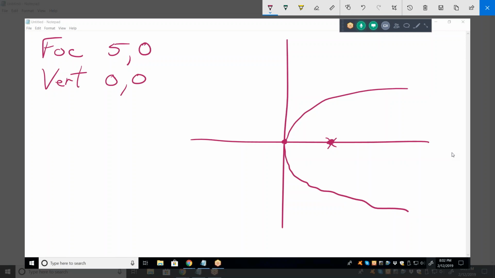Now, let's talk about the standard equation for a parabola. There's actually two of them, and it depends on which school system you go to as to which one is used. If I'm looking at a vertical parabola, one you've used your whole life, it's always y equals x squared, right? So we know that this is going to be of the form x equals y squared. But they actually use a different format when they're talking about parabolas that are conic sections.